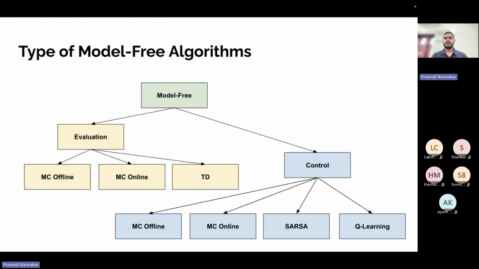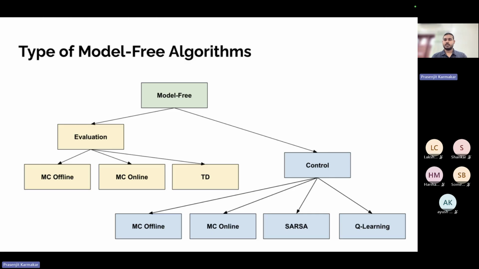Model free doesn't say that you don't have access to the state space or the action space. You have access to both. Now I can come up with a policy as a state to action mapping, right? Given that policy, what is the value I am getting? That's an evaluation algorithm.